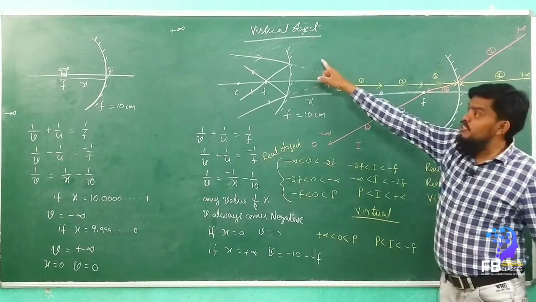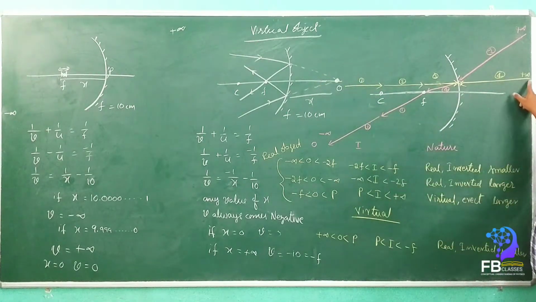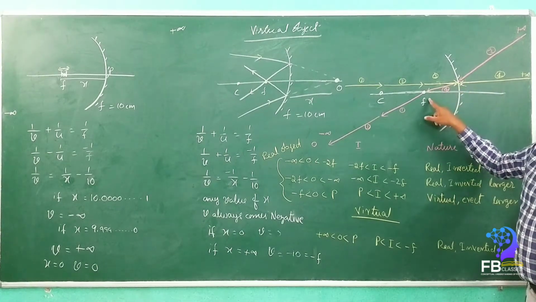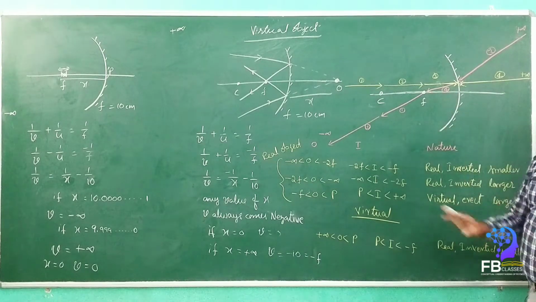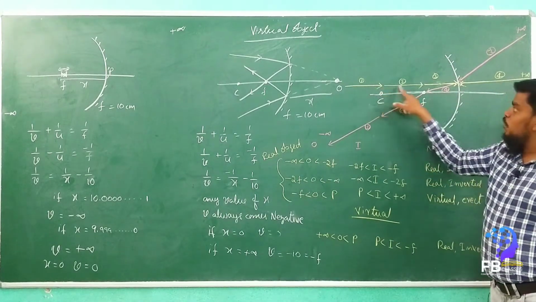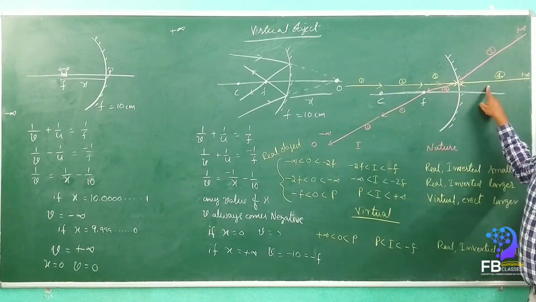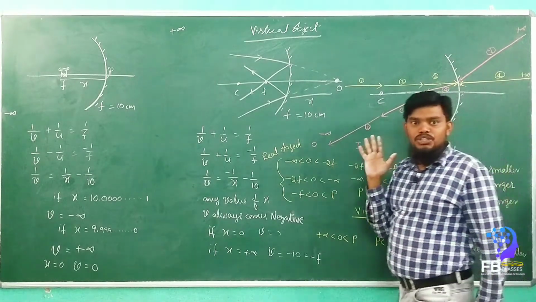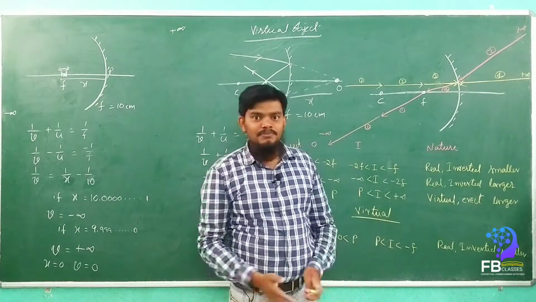When we take the virtual object, when the object is moved from plus infinity to pole, the image will move from pole to F. Got it clearly? All these yellow lines belong to the object, and all these red lines belong to the image. Got it? Very clearly? Yes, sir.